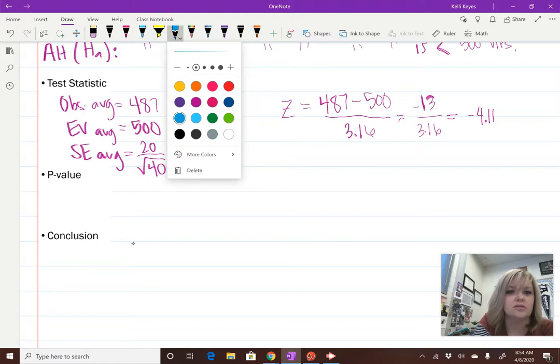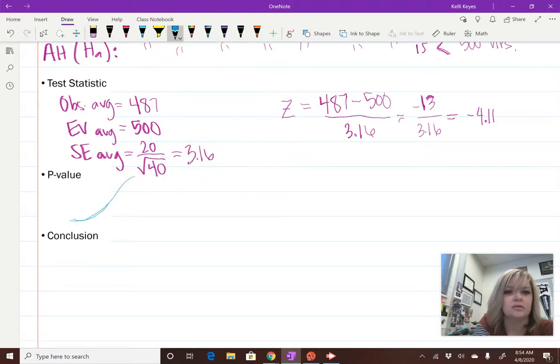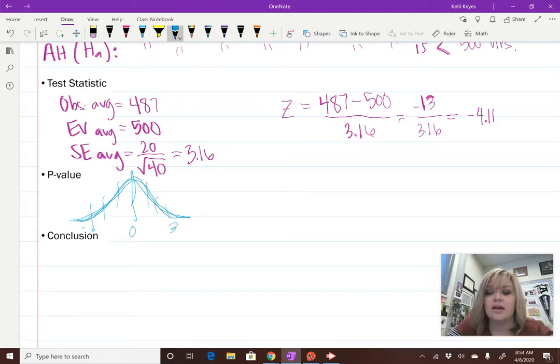If we're thinking of the standard normal curve, which has a mean of 0 and an SD of 1, this would be negative 3 and this would be positive 3. If my z-score is 4 below the mean, that's clear over here. Hopefully you said very, very unlikely.